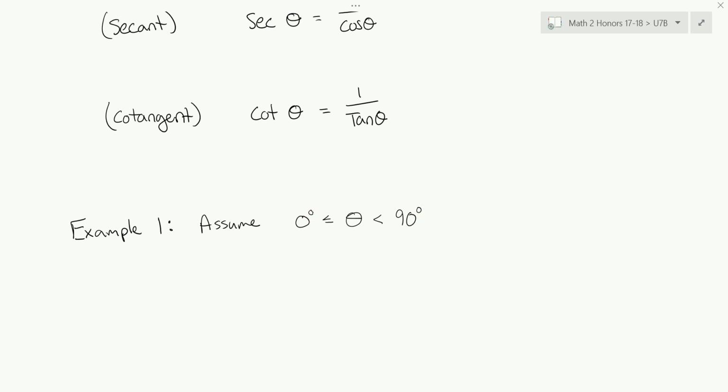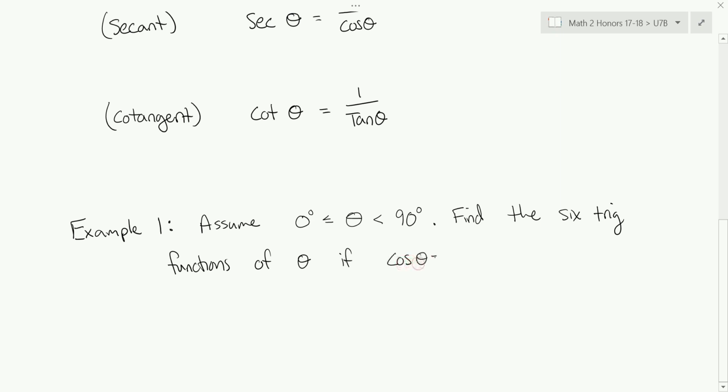And what I want us to do is to find the 6 trig functions of theta if I'm going to give you one of them, let's say the cosine of theta is 3/4.